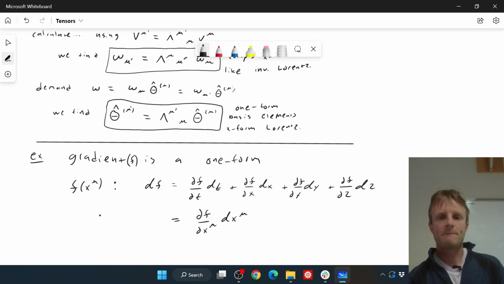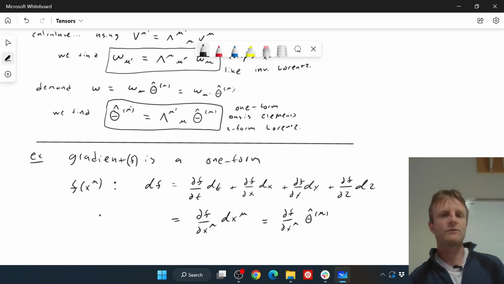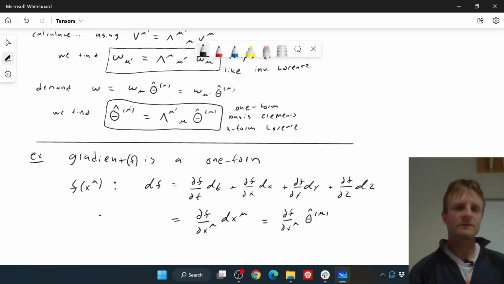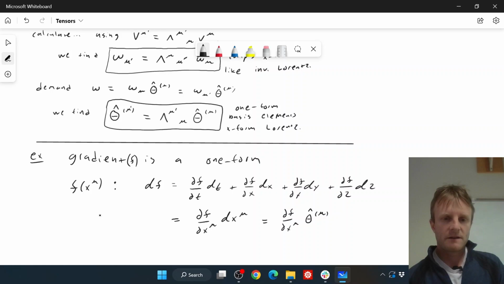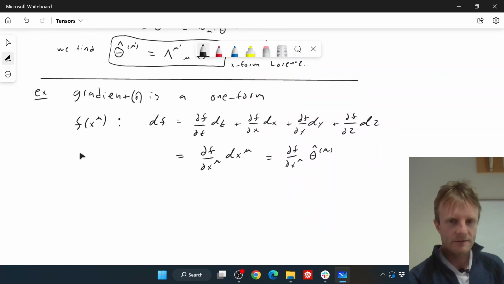But we're going to identify these little dx mu's as just another notation for our basis 1 forms. So it's going to be df dx mu theta hat mu. This is just notation. I could have written theta hat mu at the beginning as representative of a little displacement or something. And so we're going to continue with this construction.